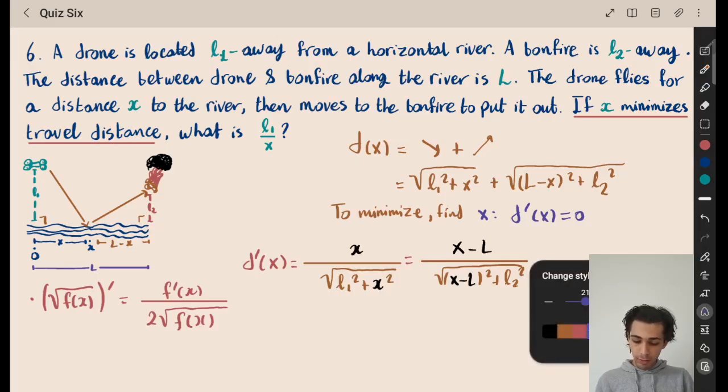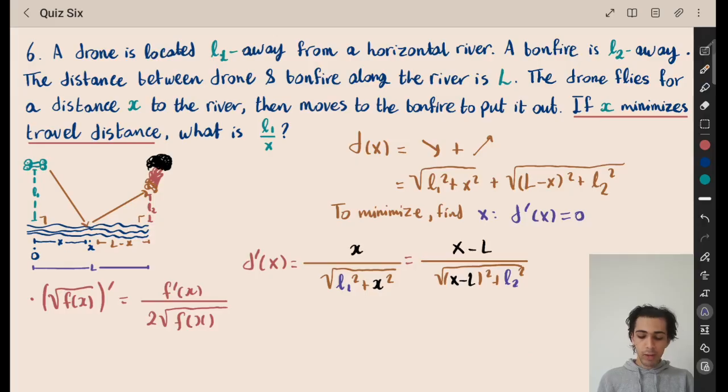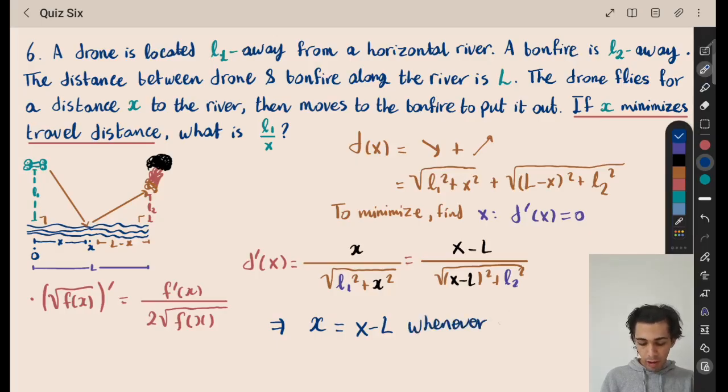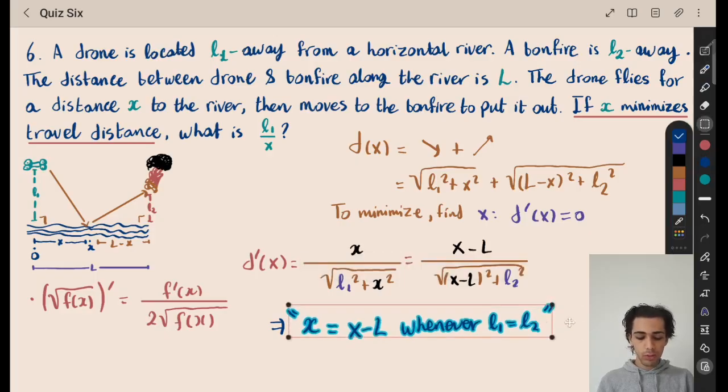And then you have L2 and L1. So you could say that x is equal to x minus L whenever L1 is equal to L2. Because it's like you're just placing the same things. Now this is of course between quotations, and it takes a little bit of focus to notice it.